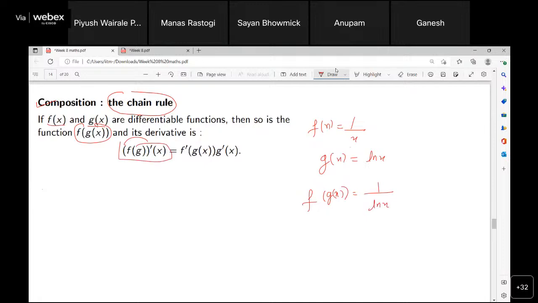Now if I want to find the derivative of this function, just differentiate the first thing by using g of x. The derivative f dash of x is minus 1 by x square, but instead of x I can use ln of x, into g dash of x. What is g dash of x? The derivative of ln of x, that is 1 by x. So the derivative will be minus 1 upon x into ln of x whole square.